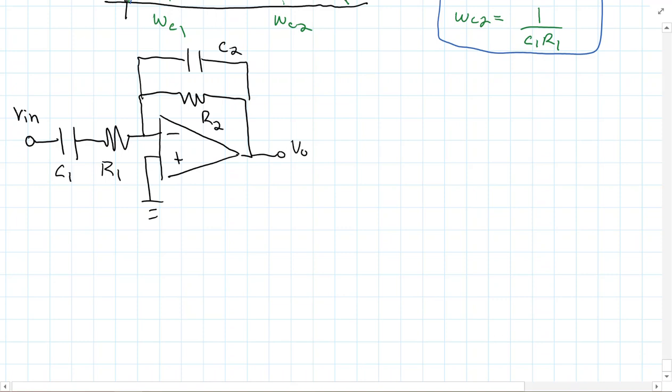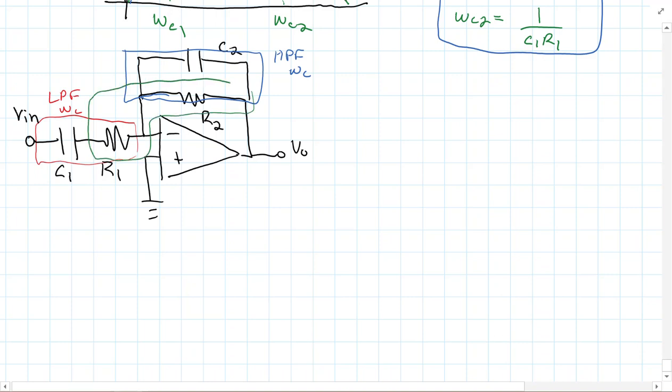This actually works as a bandpass filter because right here, this is my low pass filter, omega C, and then right here is my high pass filter, omega C, and then I know it's kind of messing the diagram up a little bit, I have my gain sitting in there.